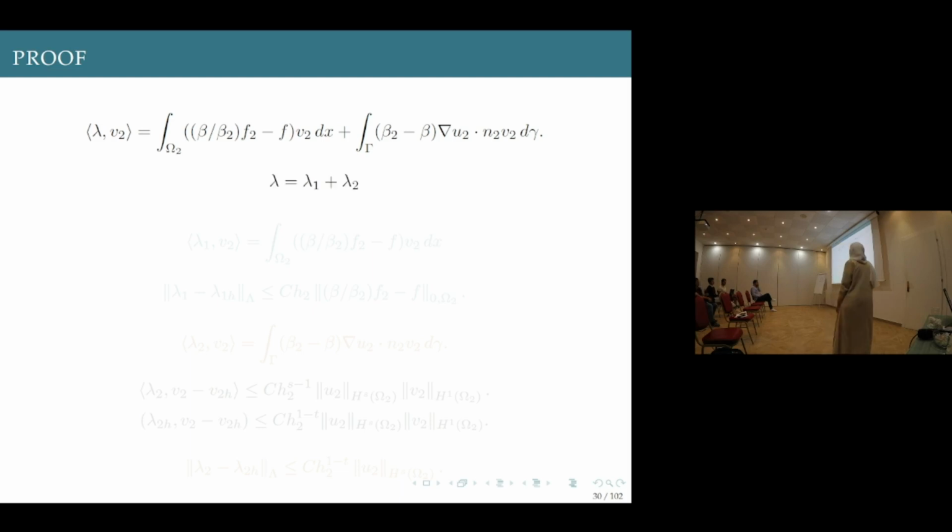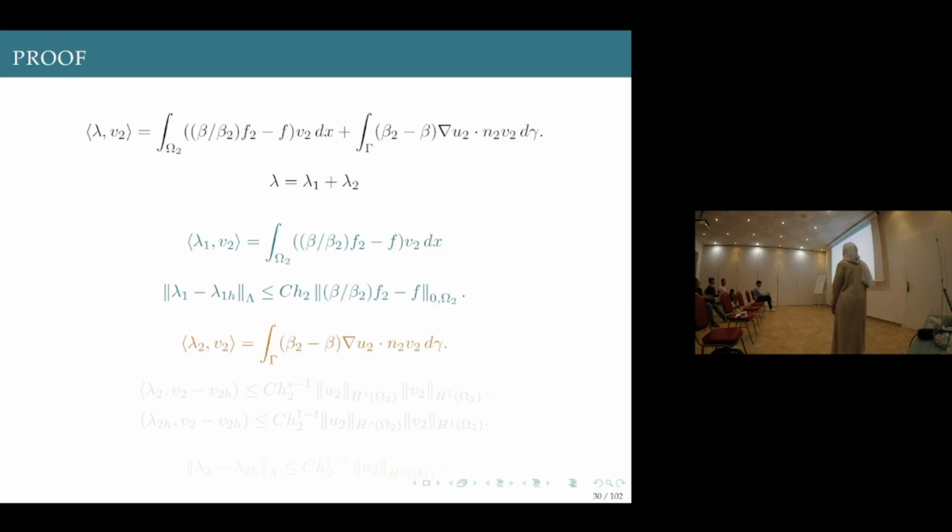We will write our lambda as a sum of two lambdas, lambda 1 and lambda 2, where the duality between lambda 1 and v2 is nothing but the first integral, and I will show you later that for this blue term, lambda 1 minus lambda 1h is less than or equal to C h^2 times the L2 norm of this.